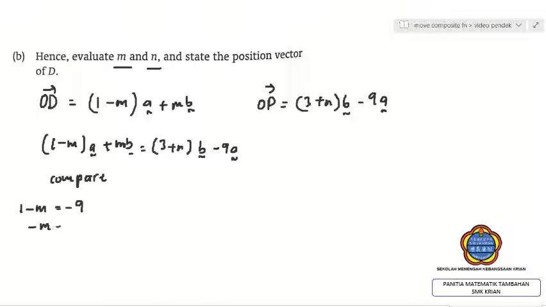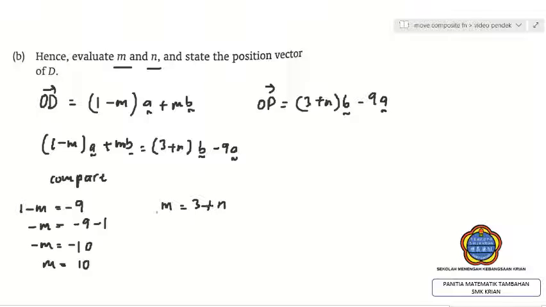So negative m is equal to negative 9 minus 1, negative m equal to negative 10, m is equal to 10.